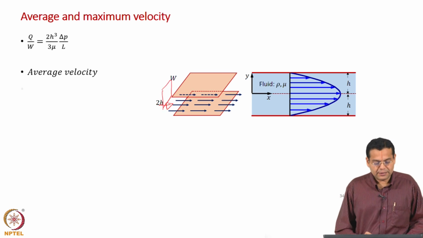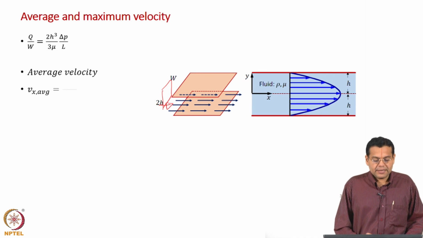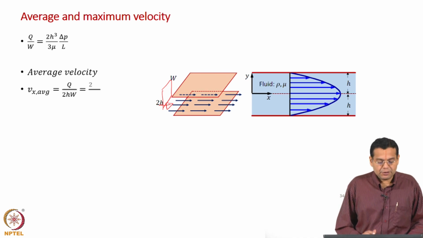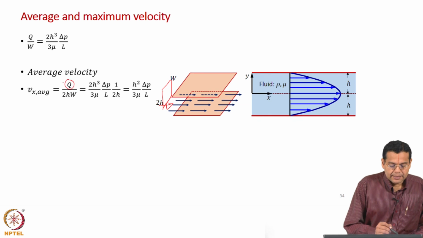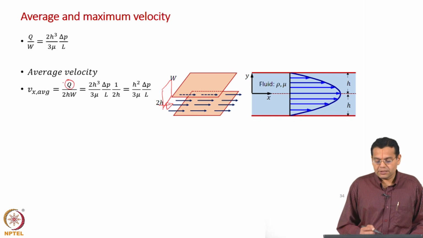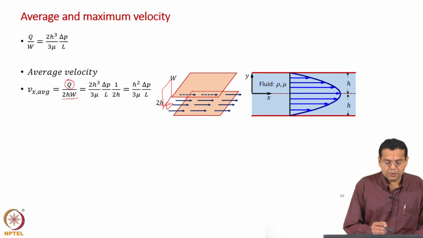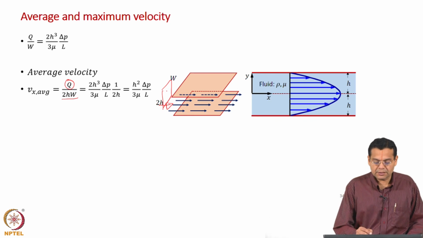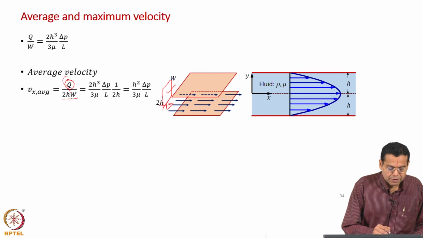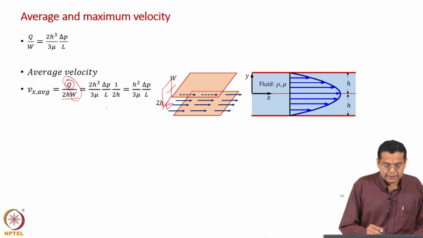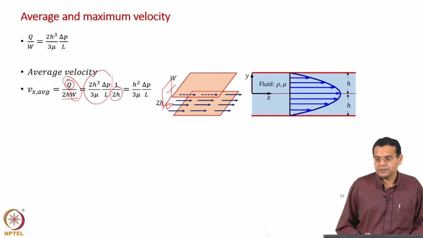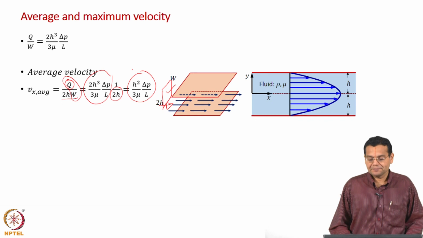So Vx average is equal to the flow rate divided by the cross sectional area. What is the cross sectional area? 2h into W. We have the expression for Q by W, which is this expression, and then divide by 2h, and this is the expression for the average velocity.